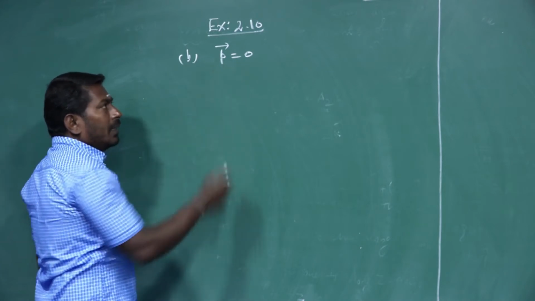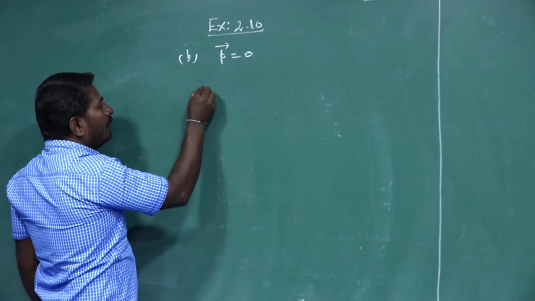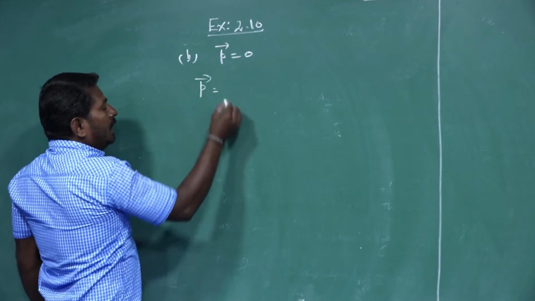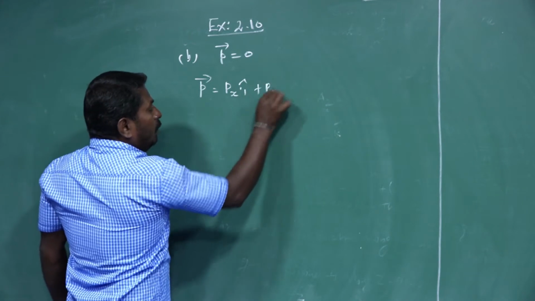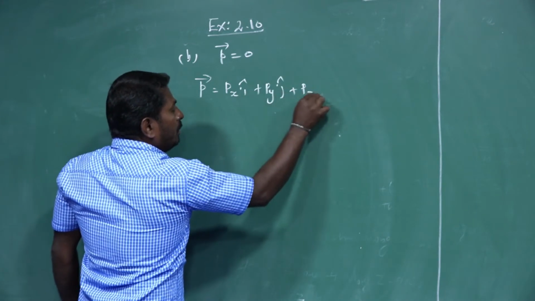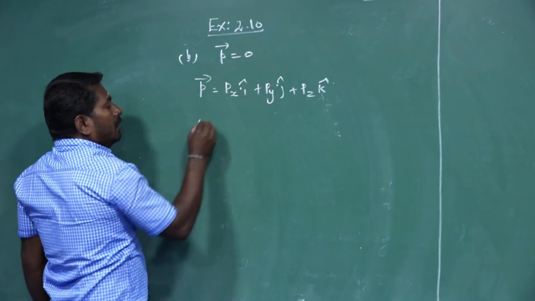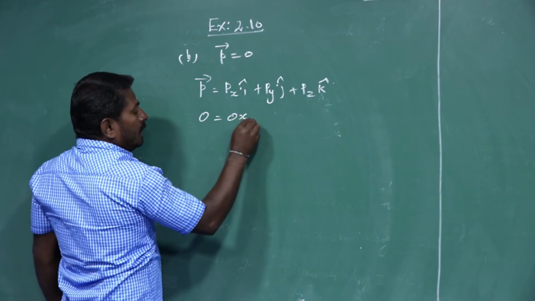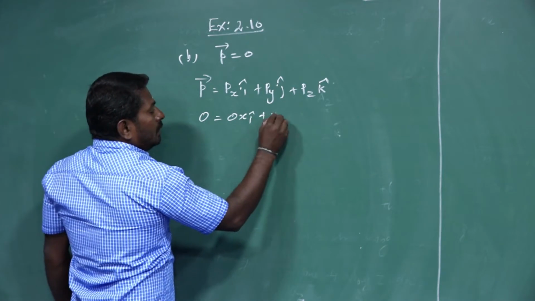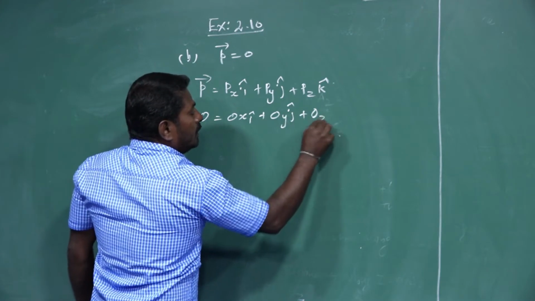That momentum can be written in three-dimensional form in the Cartesian coordinate system: P vector is equal to Px i cap plus Py j cap plus Pz k cap. Then 0 is equal to 0x i cap plus 0y j cap plus 0z k cap.